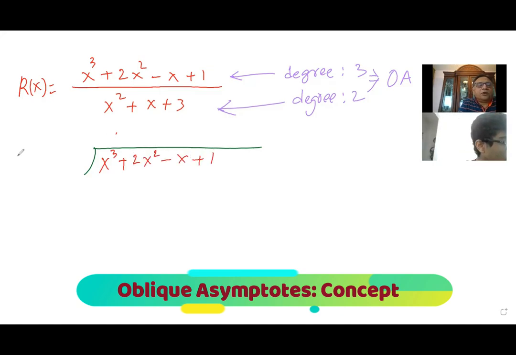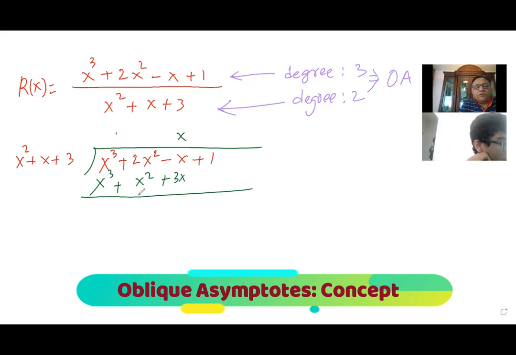And the denominator is x squared plus x plus 3, right? So how many times will that go? x cubed, that will go x times, so x cubed plus x squared plus 3x.